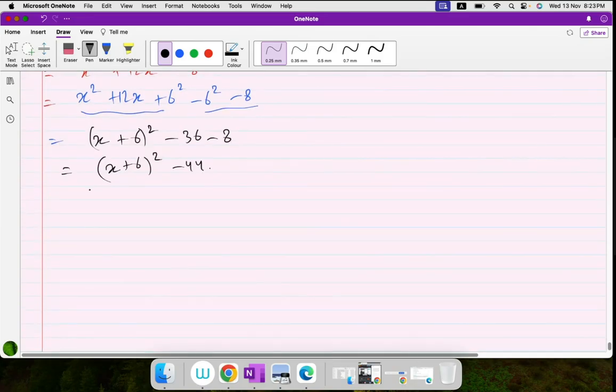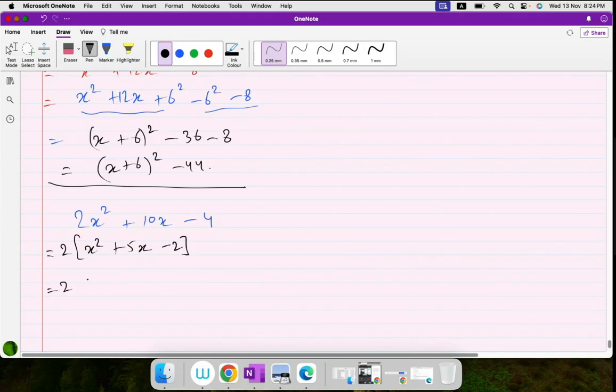Now let's increase the level a bit. For example, we have the coefficient of x square other than 1: 2x square plus 10x minus 4. So the first step is we'll take out common, make the coefficient of x square as 1, and then all the other steps are the same. So this is 2 times (x square plus 5x).